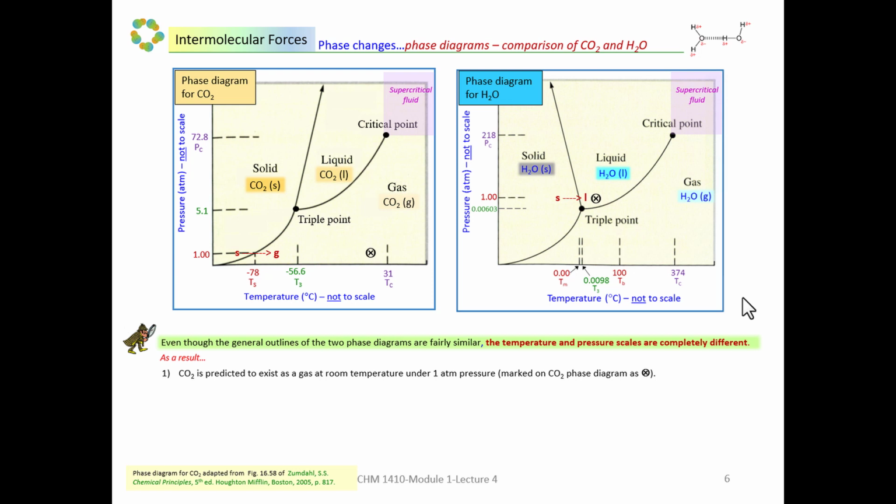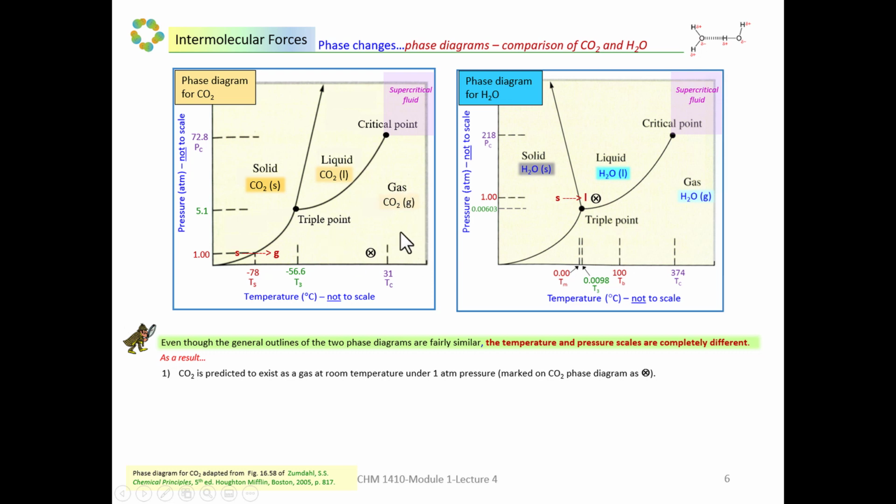Well, first of all, it means that carbon dioxide is predicted to exist as a gas at room temperature under 1 atmosphere of pressure. And I've marked that on the CO2 phase diagram with an X. So in other words, at 1 atmosphere of pressure, which is now here on this y-axis, and room temperature, which I've estimated as a little bit less than 31 degrees C, it's predicted that carbon dioxide will exist as a gas.